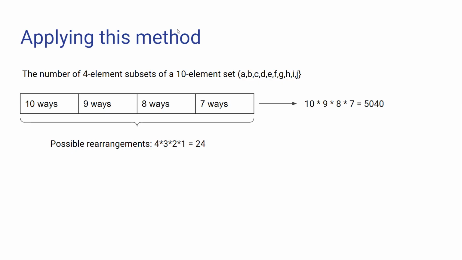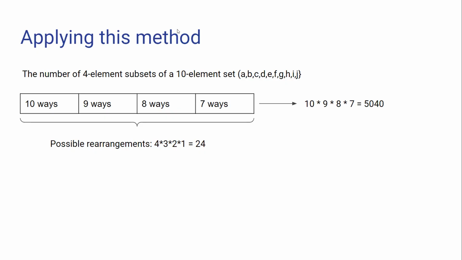Of course, again, this is wrong because it can't be right. There are only 1,024 subsets possible, and it's too big because when we count one 4-element subset, we're actually counting all possible rearrangements of that subset separately. So, how many such rearrangements are there? Given a 4-element subset, there are 4 choices for the first blank, 3 for the second, 2 for the third, and just 1 remaining for the last one.